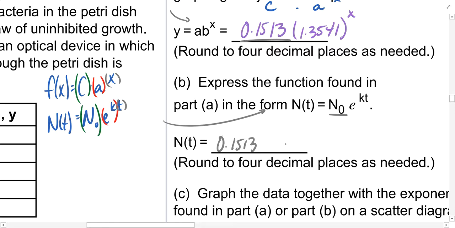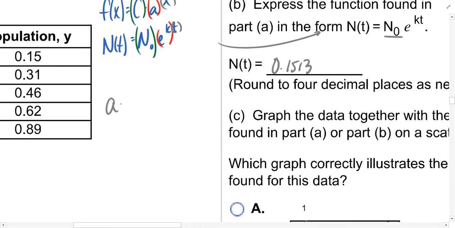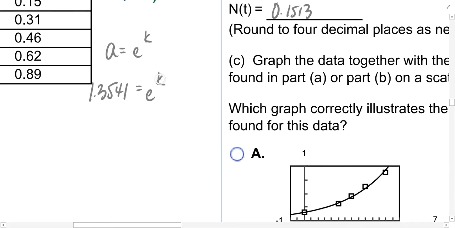But then I'm also going to note that a, the base, is equal to e to the k power. And we just said a moment ago that a was 1.3541. If 1.3541 is equal to e to the k power, my job is to solve for k.